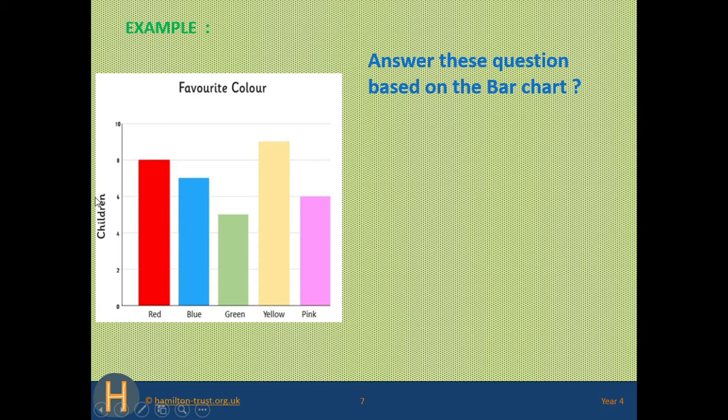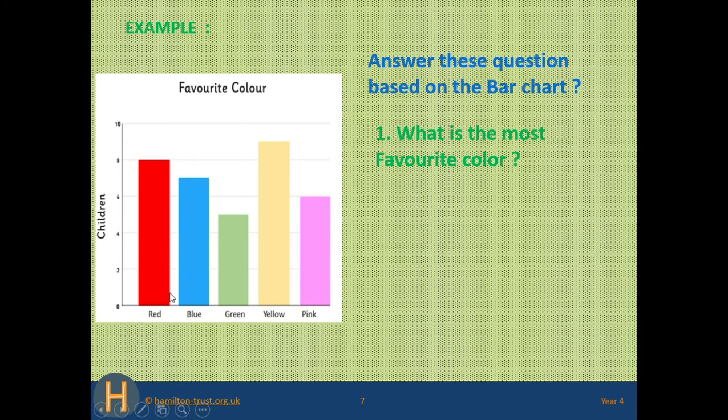Kemudian the label is ini siapa ini? Siapa yang suka? Yang suka siapa? Yaitu anak-anak. Kemudian di sini apa saja warna kesukaannya itu? Yaitu merah, blue, green, yellow, and pink.